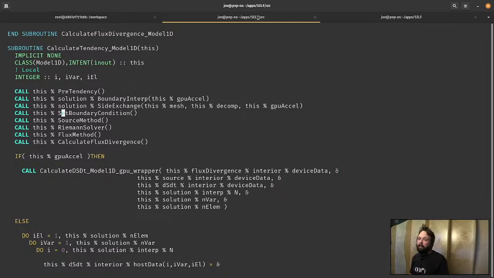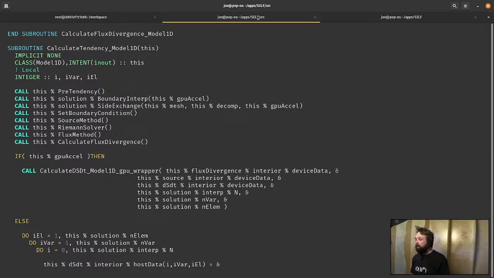So long as you define the source method, Riemann solver, and flux method correctly, you get to take advantage of things like side exchange, which handles all the MPI stuff under the hood, so you don't have to worry about programming MPI. You just have to think about filling in your source, Riemann solver, and flux method to solve your problem. Like I said already, if you know how to calculate the entropy for your system, it's also a free way to keep track of the stability of your model, and you don't have to worry about putting in all that extra engineering to make that happen.